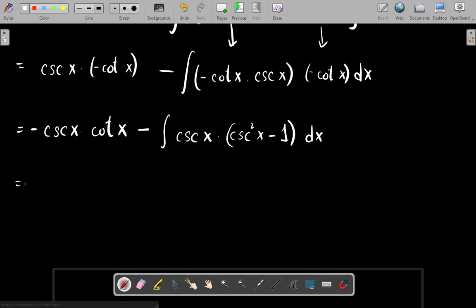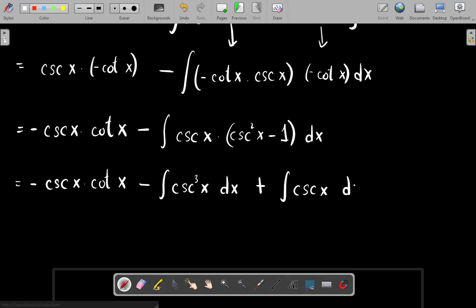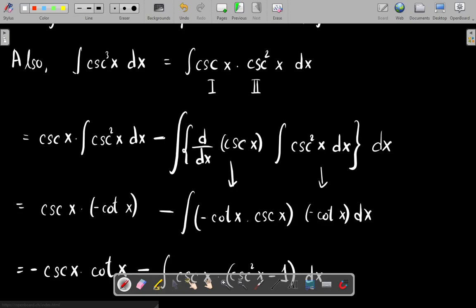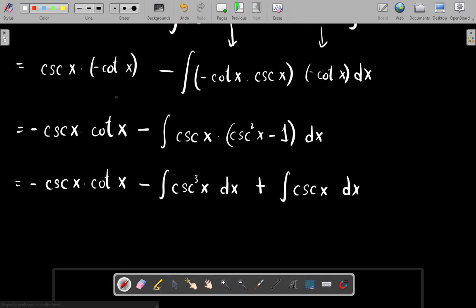Okay, so now we have cosec x minus cosec x cot x minus, if we split these two integrals, this first term becomes cosec cube x dx plus just cosec x dx. Okay, so this was cosec cube x dx.